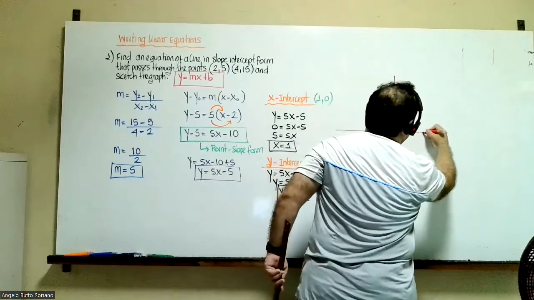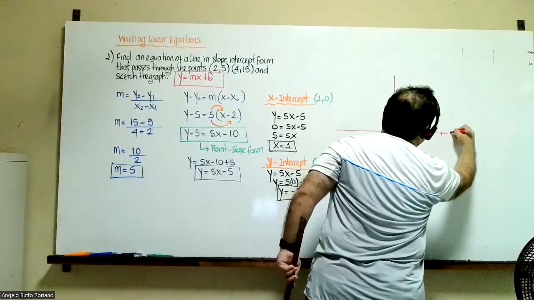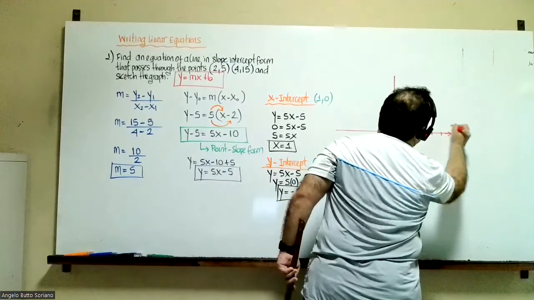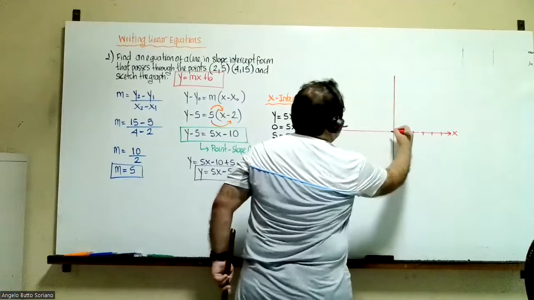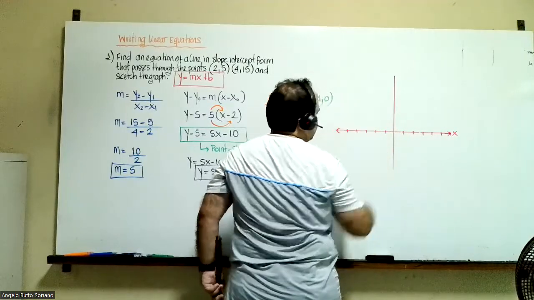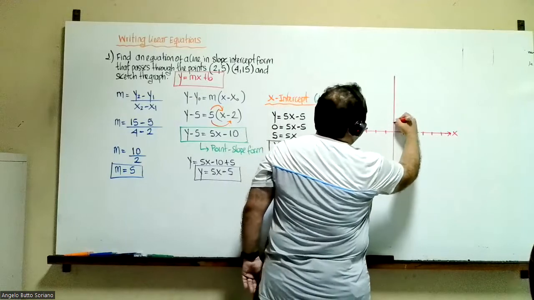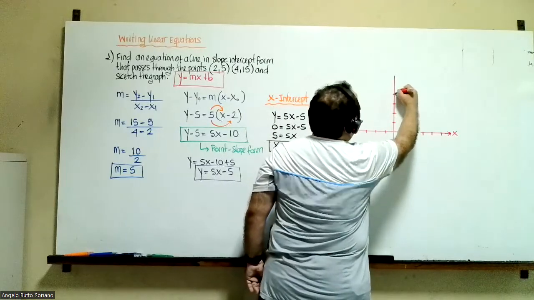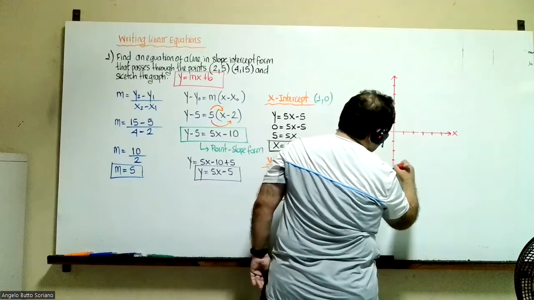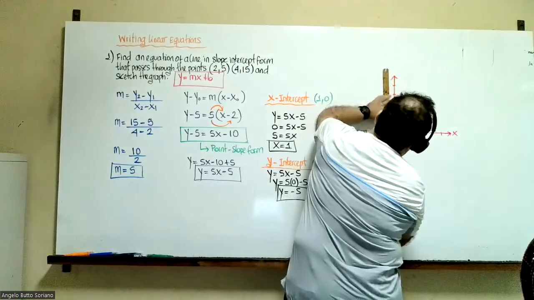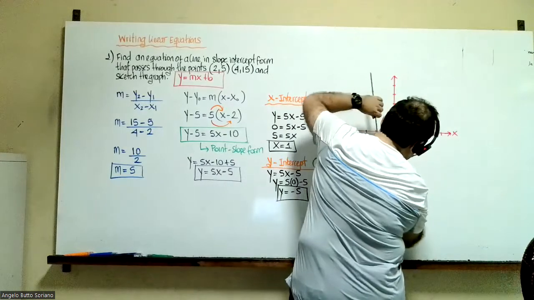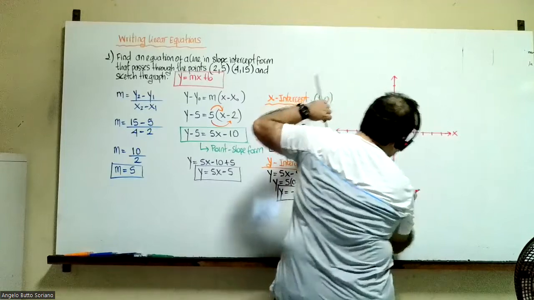1, 2, 3, 4, 5, 6 units on x. 1, 2, 3, 4, 5, 6 units. 1, 2, 3, 4, 5, 6 units.